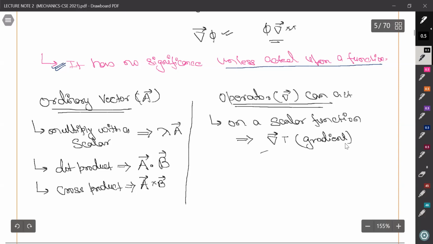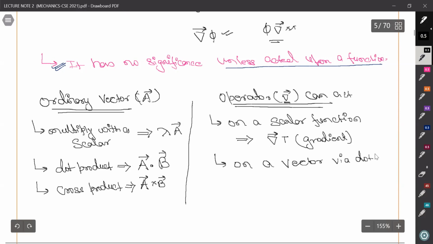We will study about it later, but just suppose if it acts on the scalar, it will give this gradient. Also, it can act over a vector. Although this is not a vector, we are assuming it has some characteristics of a vector. So it can act over a vector via dot product or cross product.